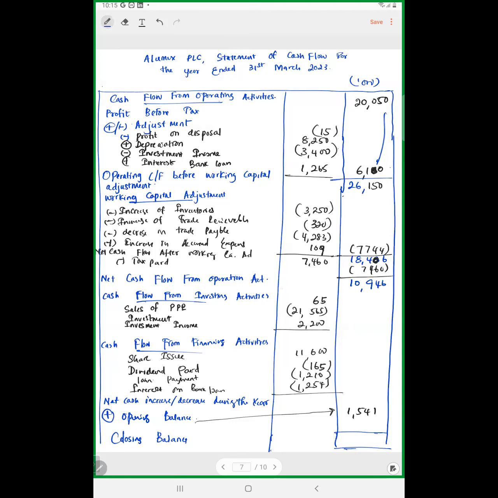Net cash flow from the operating activities 10,946.